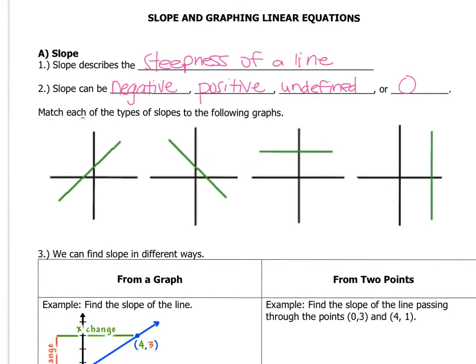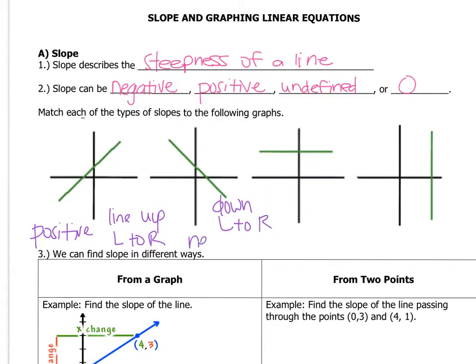So for instance, when we have a line that is going up left to right, that has a positive slope. When your line goes up from left to the right. The next graph, your line goes down left to right.